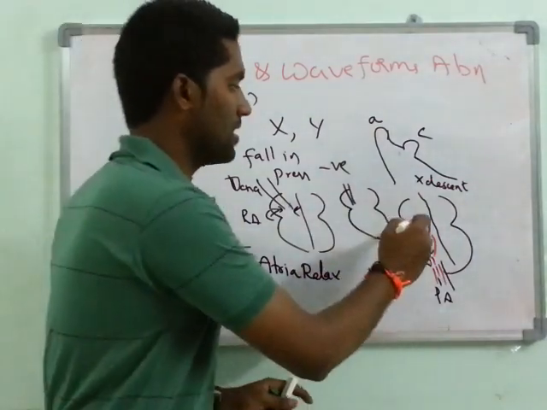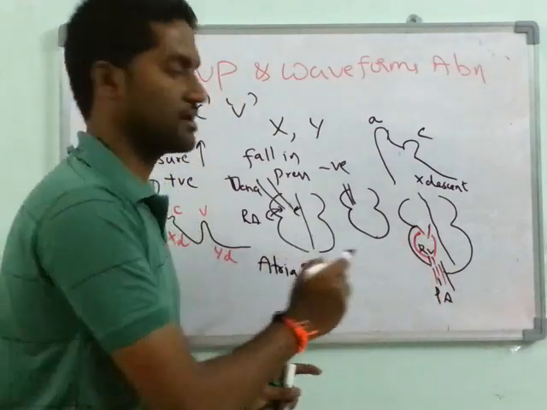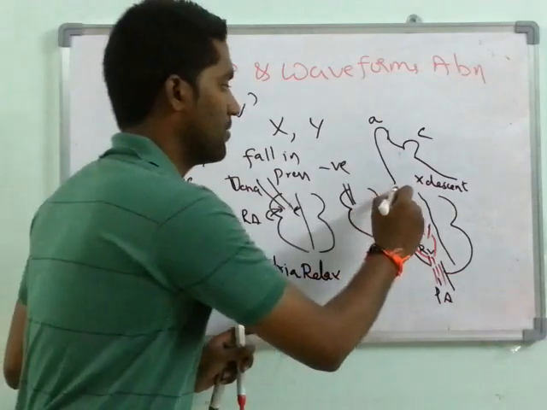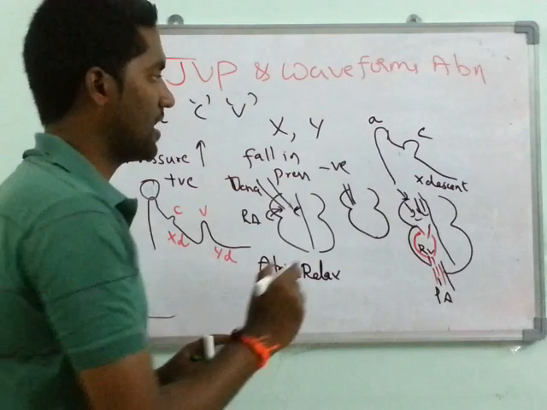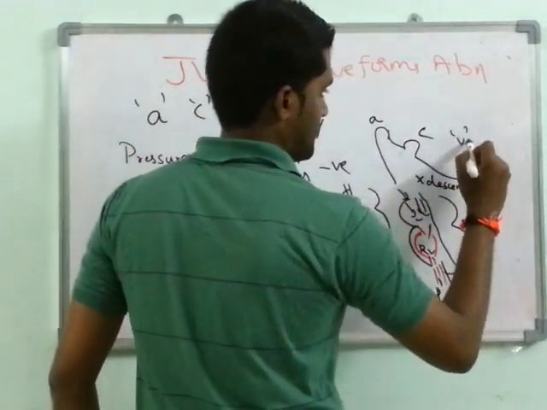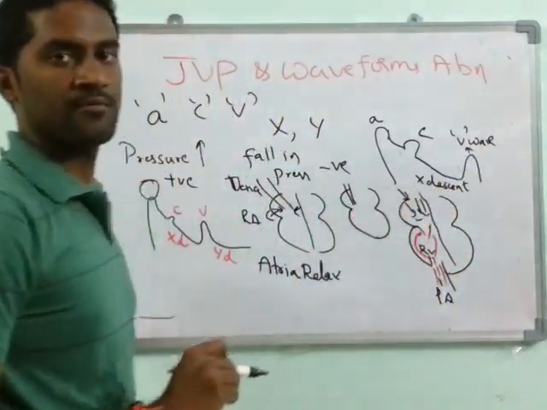Whenever blood is flowing from the right ventricle to the pulmonary artery, the tricuspid valve is closed. Some amount of venous filling occurs into the atria. This is characterized by a positive wave, the V wave.